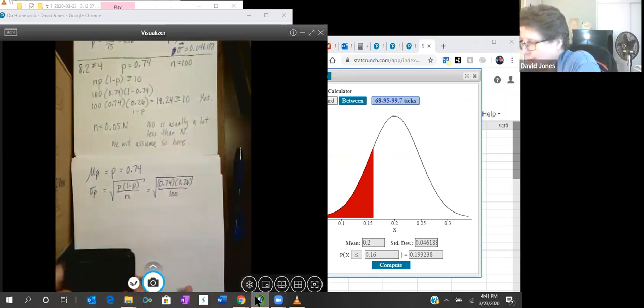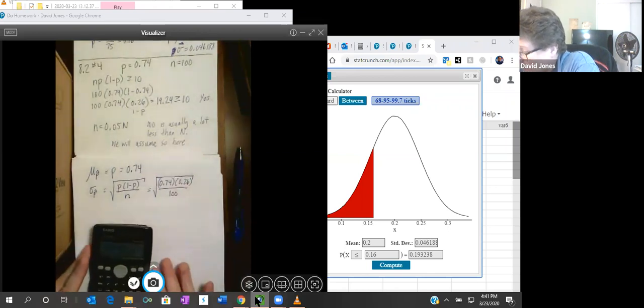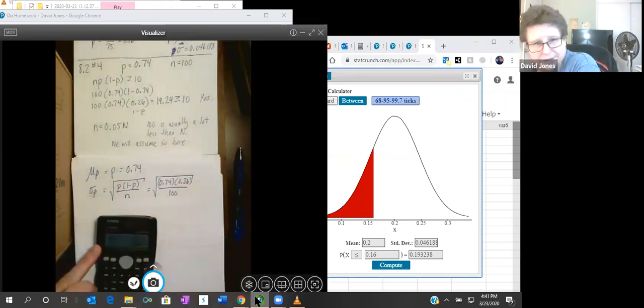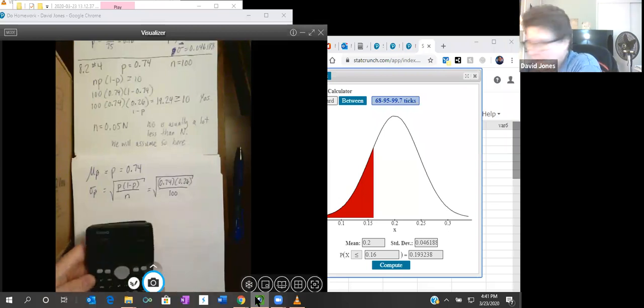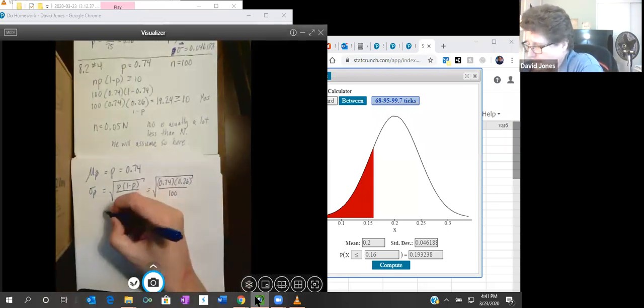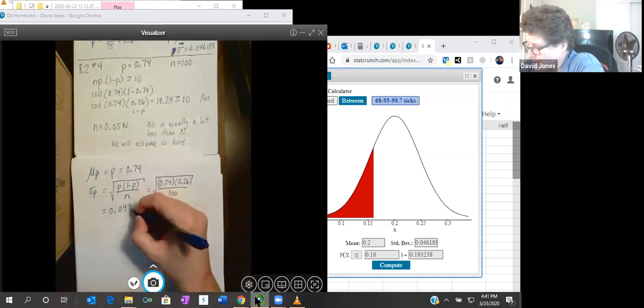Last time they wanted 6 decimal places, so I'm going to write down everything. Divided by 100, and I'm going to take the square root of my answer. And I get this, which is everything my calculator reveals.